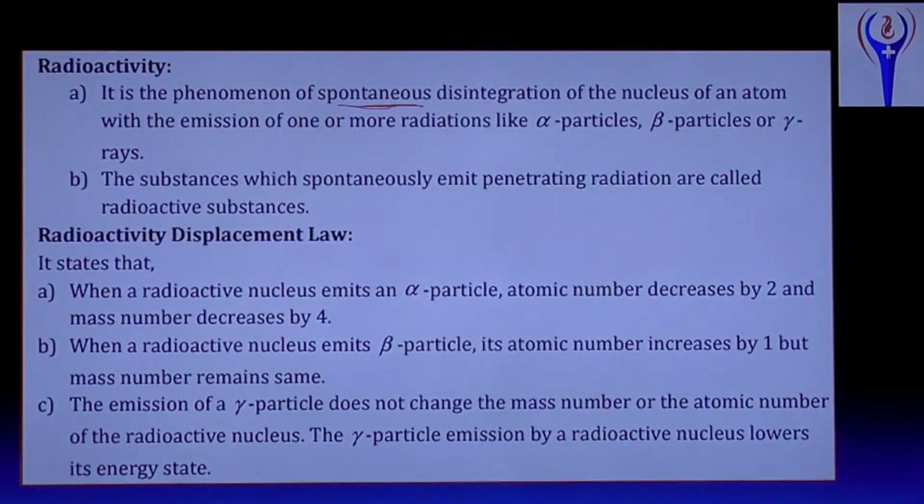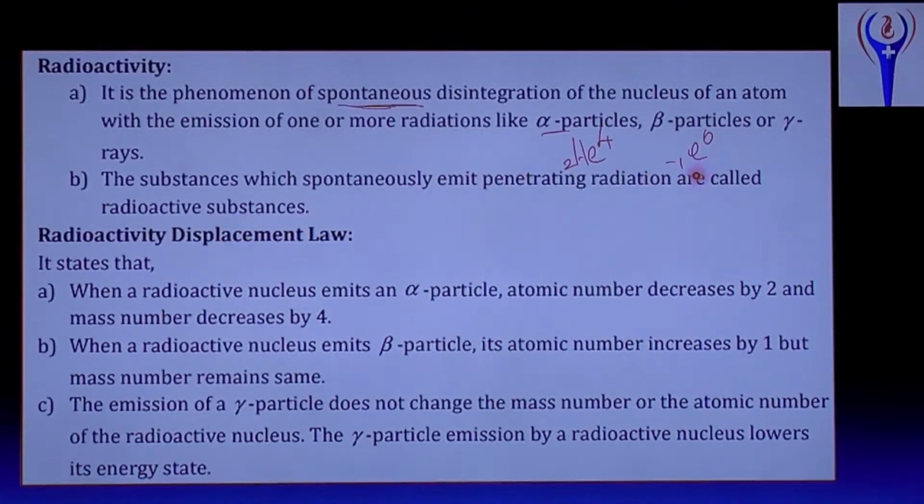Already we know what an alpha particle is. It is nothing but a helium nucleus. What is a beta particle? It is nothing but an electron. Gamma is an electromagnetic wave. And the substances which spontaneously emit penetrating radiation are called radioactive substances.